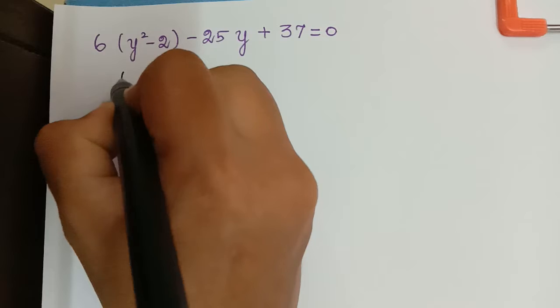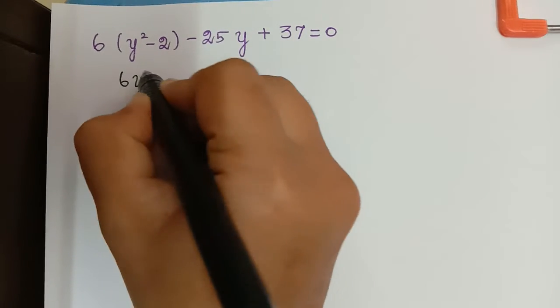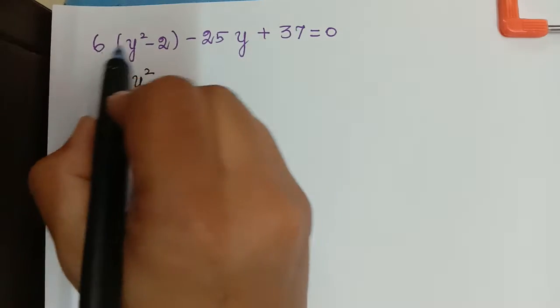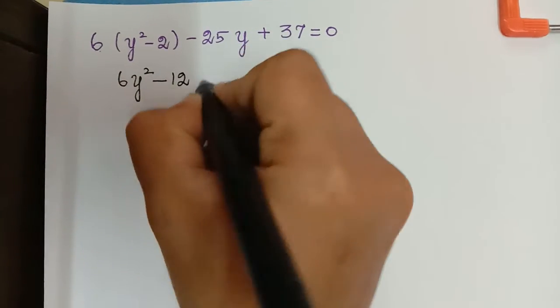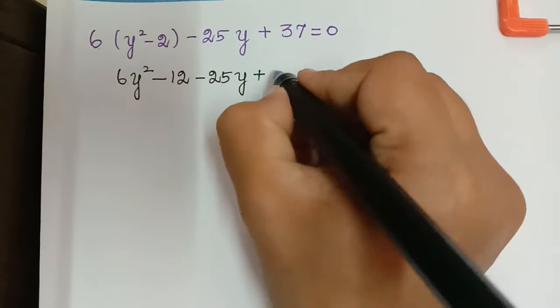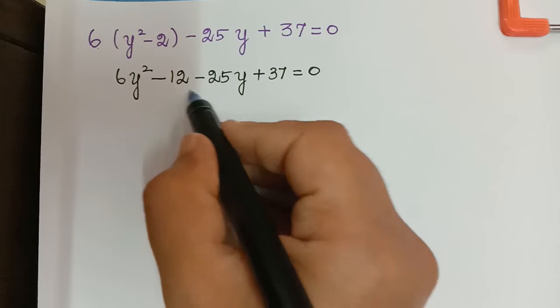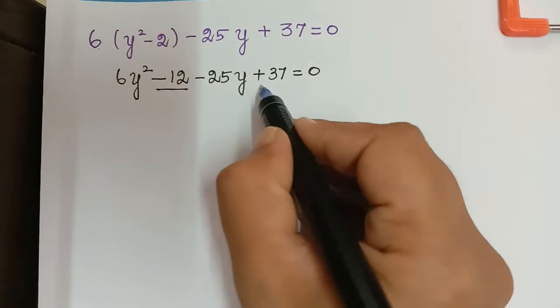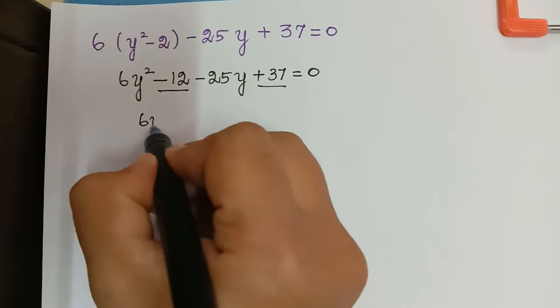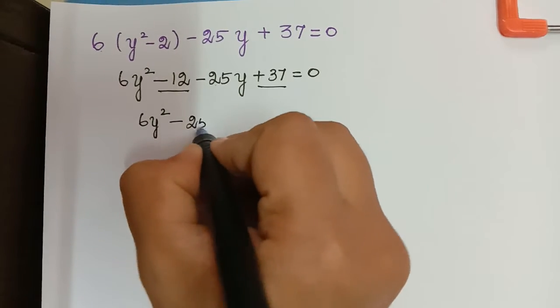From this we will multiply the 6 within. So we will get 6y squared negative 6 times 2 is 12 negative 25y plus 37 is equal to 0. So now we will combine these two: we get 6y square, then this term negative 25y.